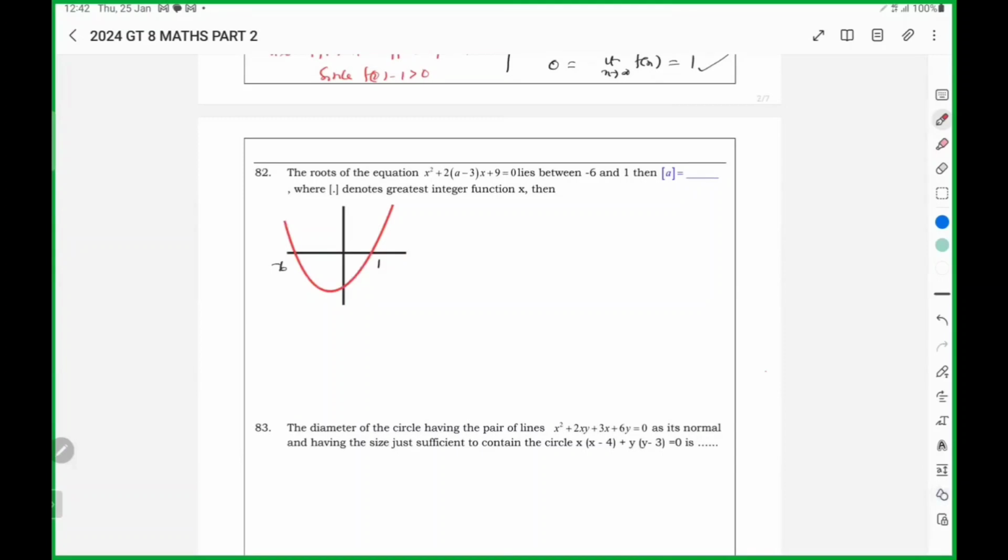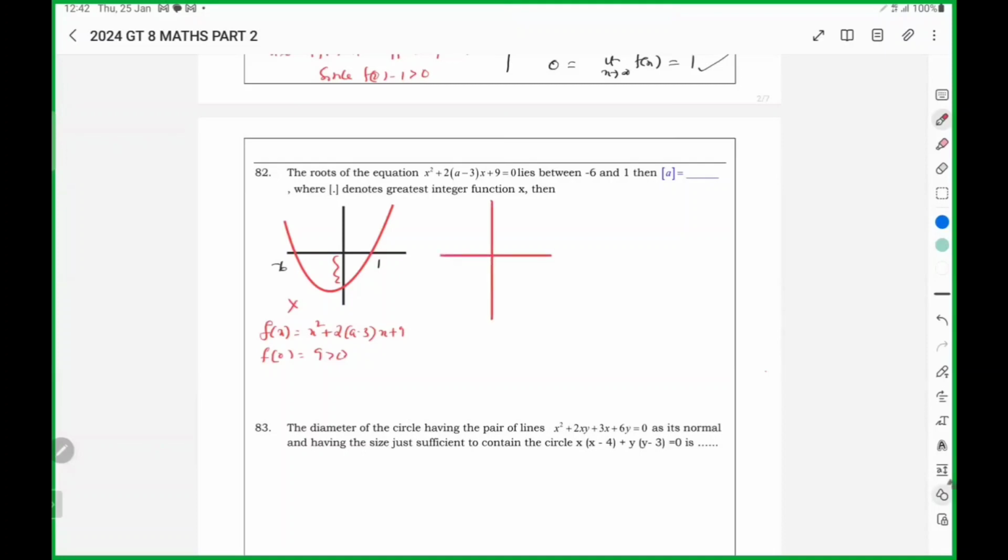This is not possible because if you take f of x as x square plus 2 times a minus 3 x plus 9, f of 0 is 9, positive, but f of 0 is negative. So then let us look at other cases.